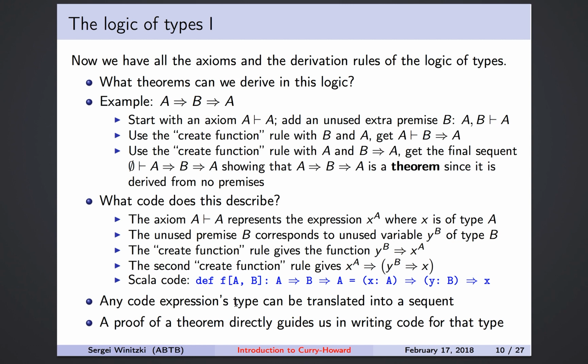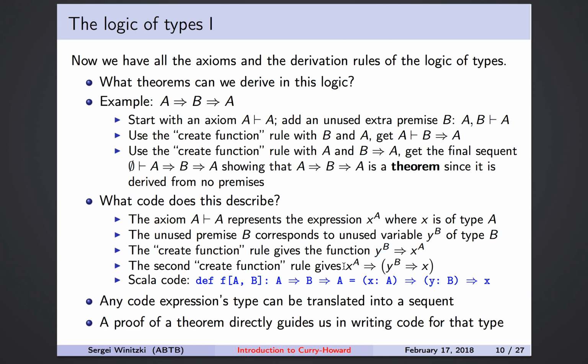So in this way, we translate any expression from code into a sequence. And then, if we find a proof of the sequence using the axioms and derivation rules, then we can directly translate every step of the proof into code. Every step of the proof becomes some kind of combination of code expressions.